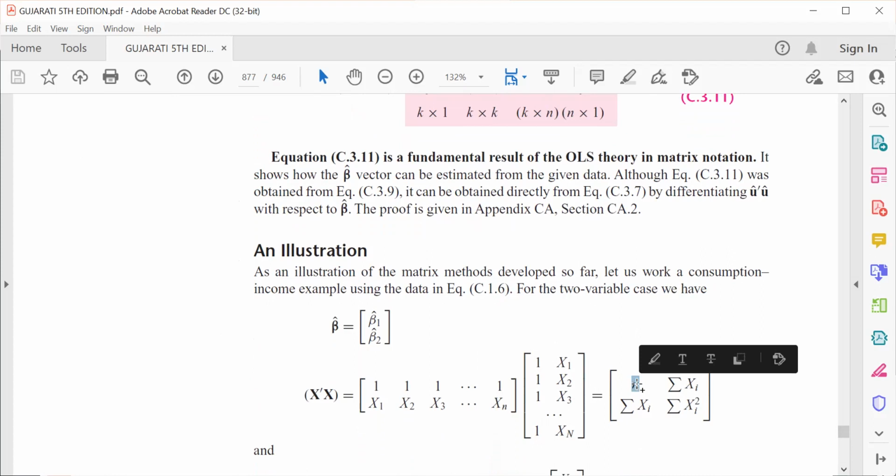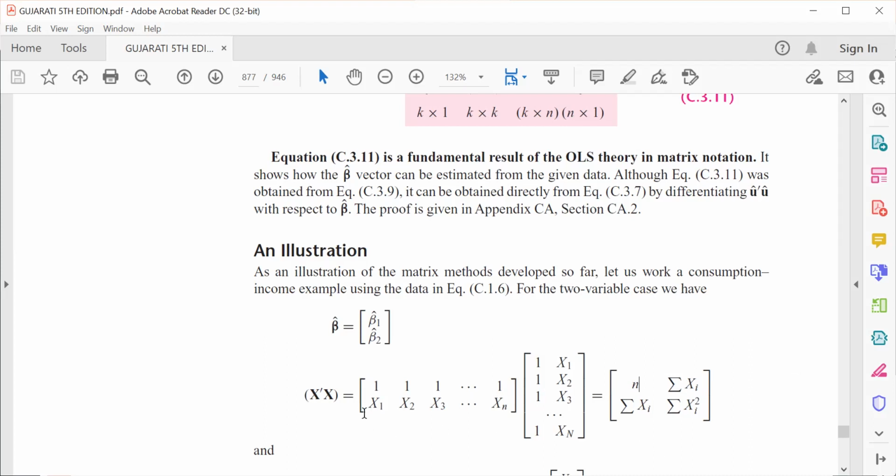So the first element of X prime X is n. The second is sigma xi, because we multiply 1 with x1 plus 1 with x2 plus 1 with x3 until 1 with xn. That means we get sigma xi.